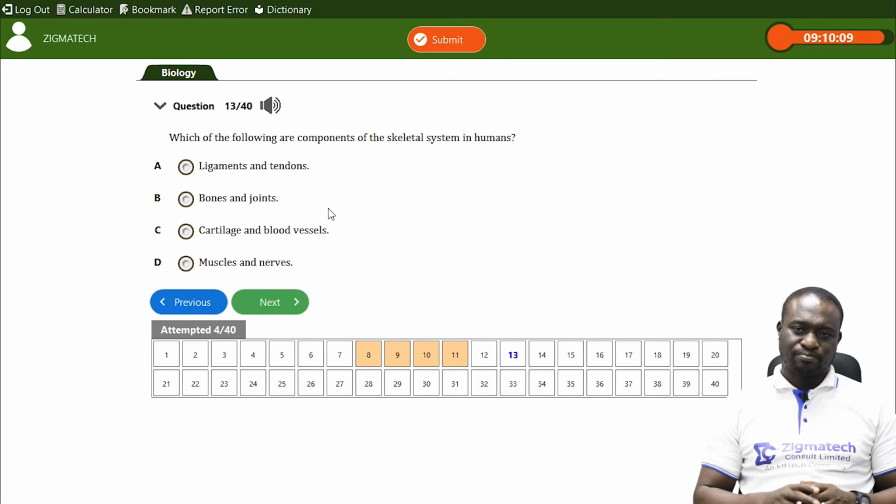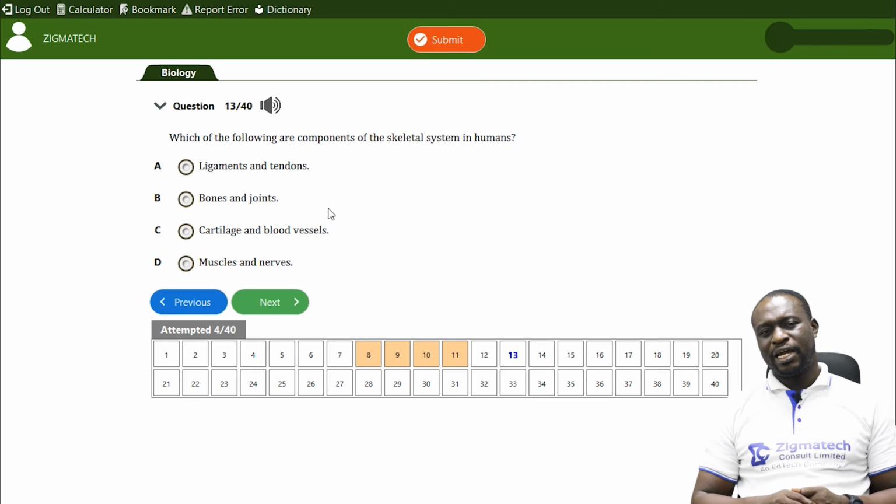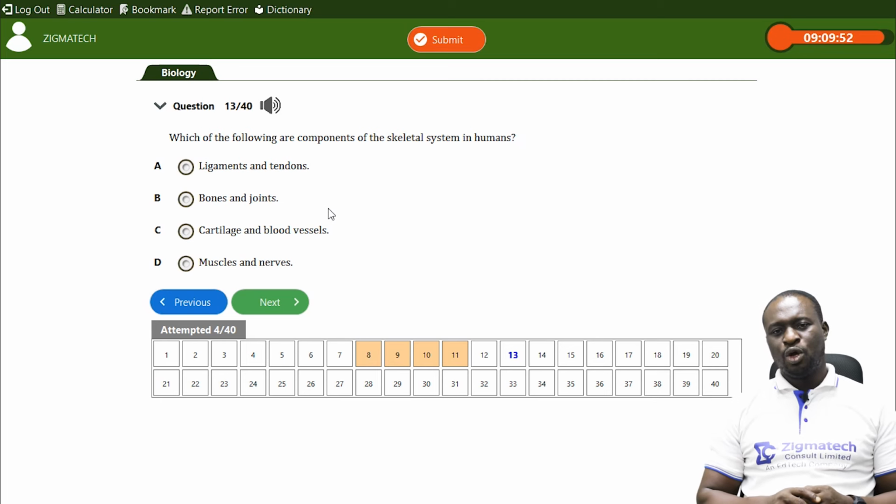Question 13. Which of the following are components of the skeletal system in humans? The skeletal system. Now, what is actually a skeleton? A skeleton is a framework of the body which gives the body support, shape, and rigidity.